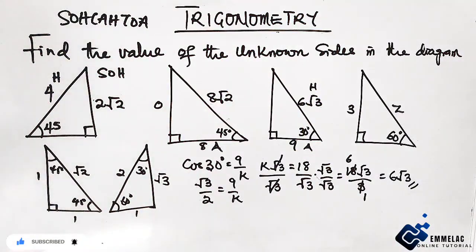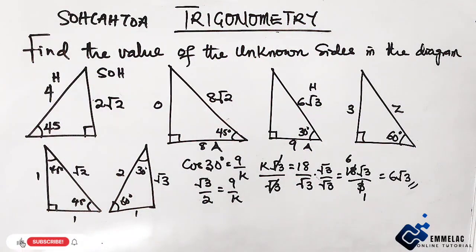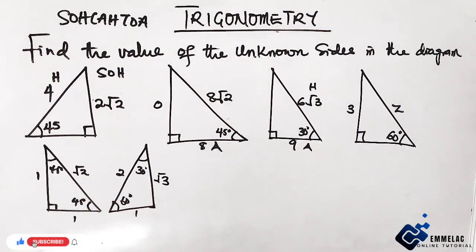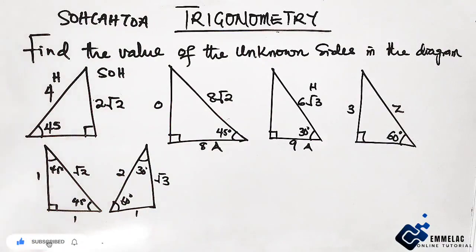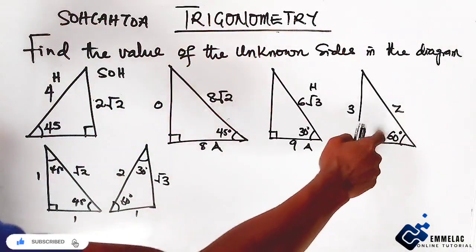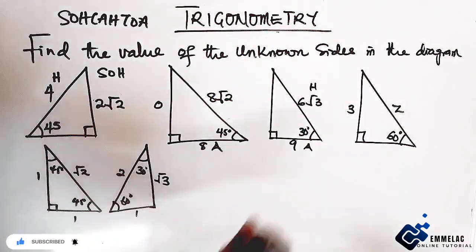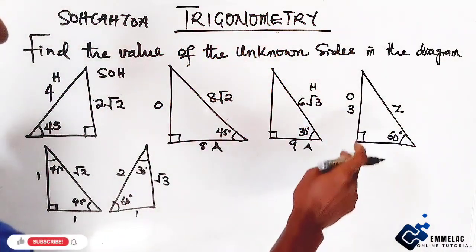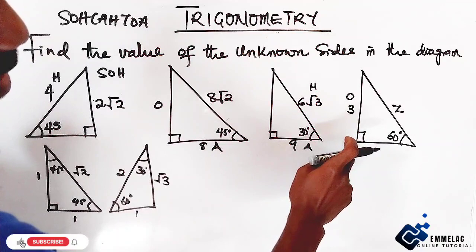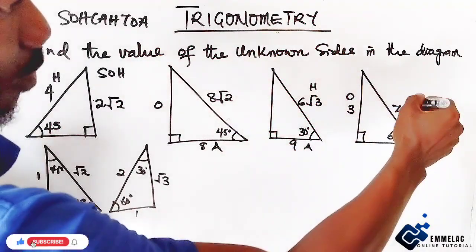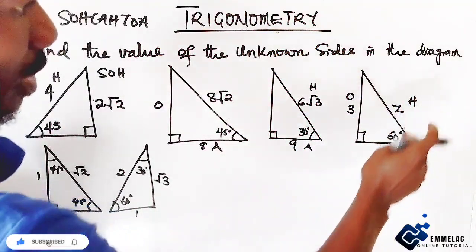Alright, now let's solve the last one to see if you're able to get it. For the last question, we have 60 degrees. I'm facing this side, which is the opposite, and this is the 90 degrees. The hypotenuse is the unknown.